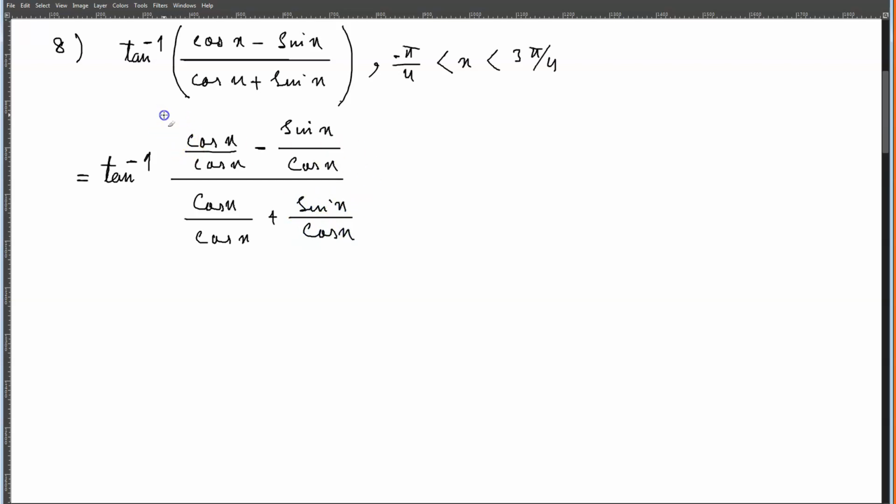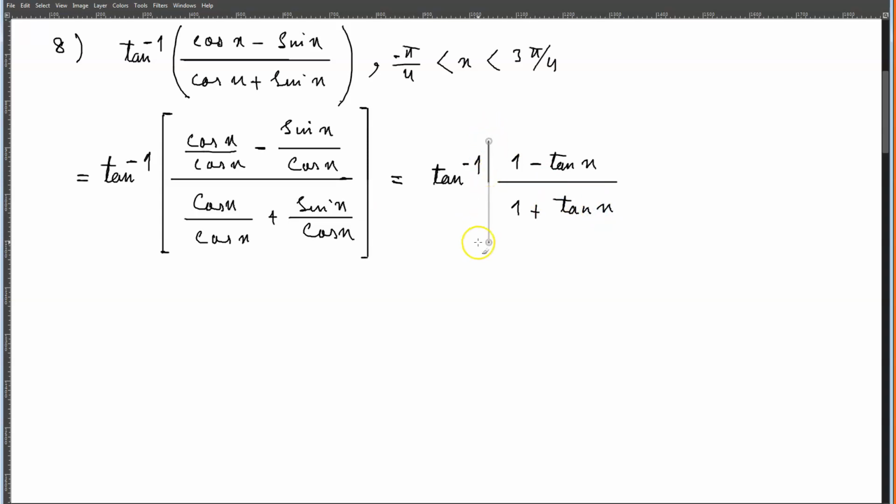Okay, and then this is going to be equal to tan inverse of basically cos x by cos x equal to 1 minus sin x by cos x equal to tan x, and this is equal to 1 plus tan x again, right?